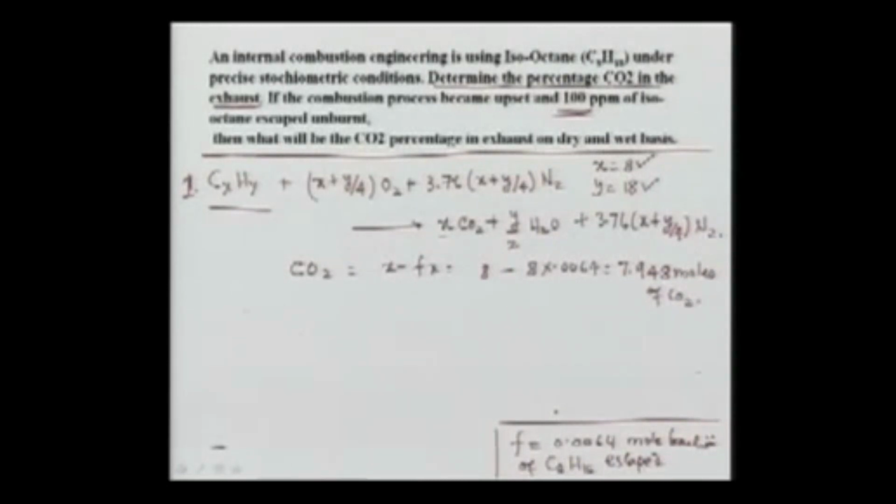Okay, now moles of products. That will be M times 0.0064 of M plus 64 of 59.5.